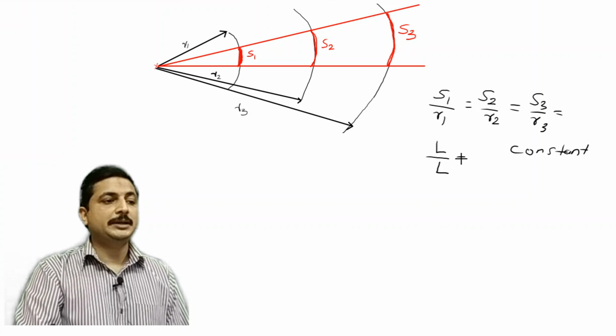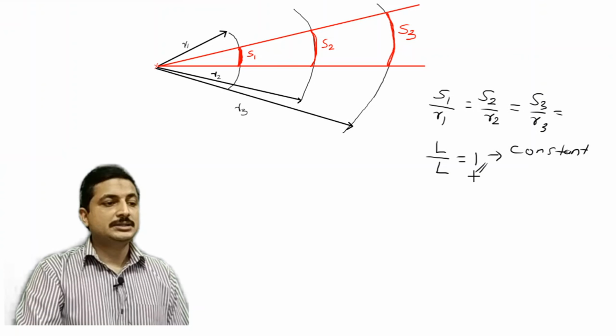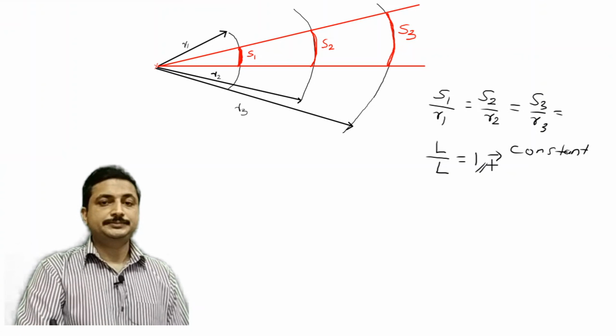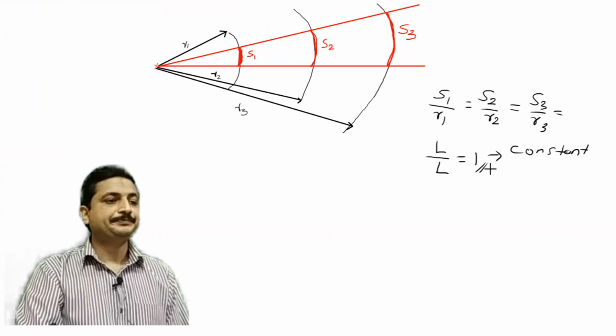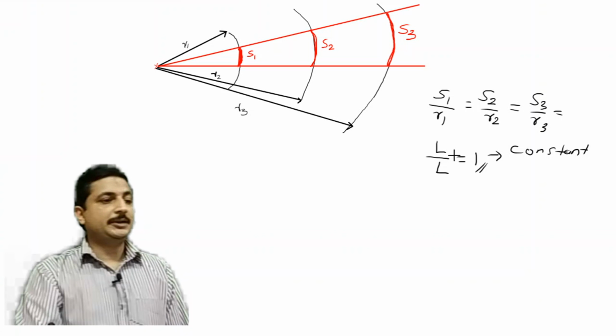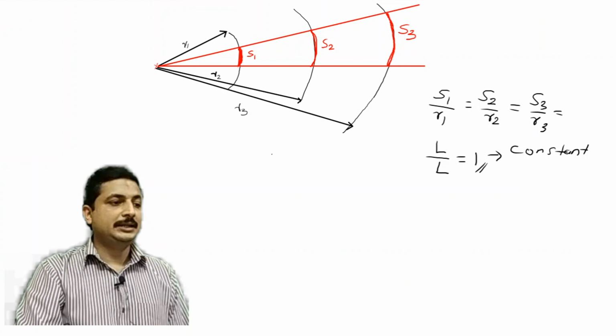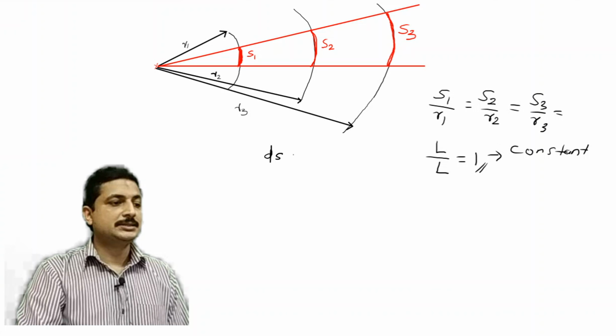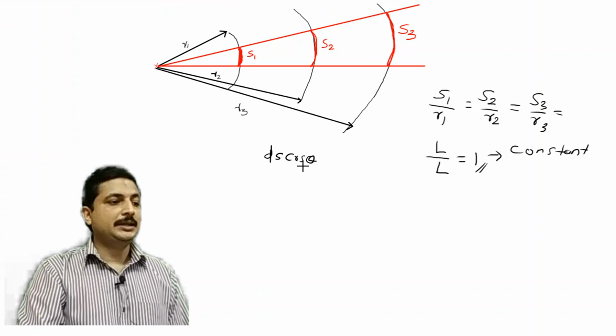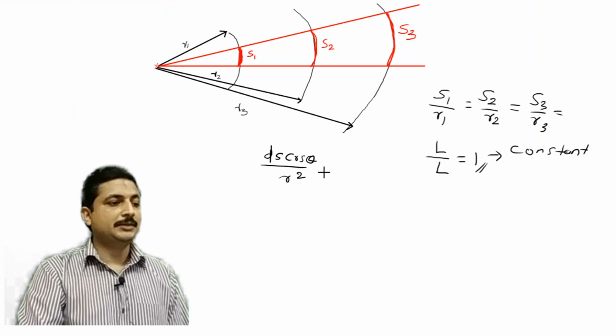So L by L dimension-wise is 1, which is a constant. That is the idea. Now why are we talking about this? What we have in our equation is something like ds cos theta by r square. We have this term in our equation.